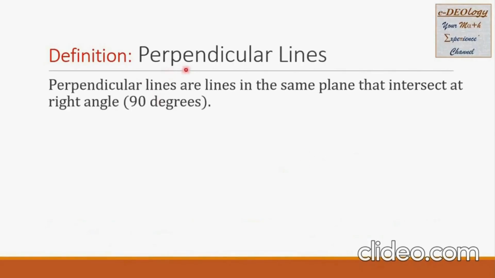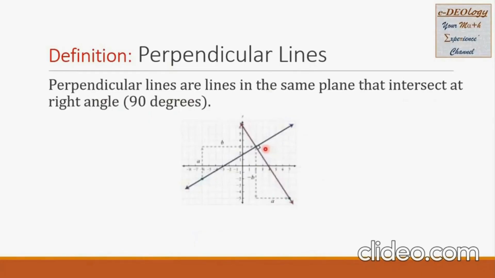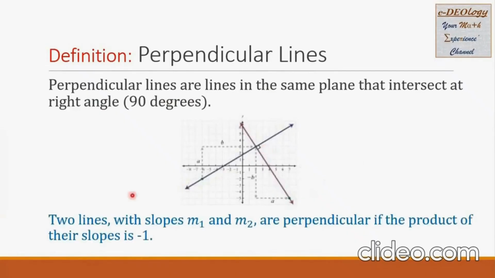Let us define perpendicular lines. Perpendicular lines are lines in the same plane that intersect at right angle or 90 degrees. Look at that symbol that signifies right angle. Two lines with slopes m sub 1 and m sub 2 are perpendicular if the product of their slopes is -1.